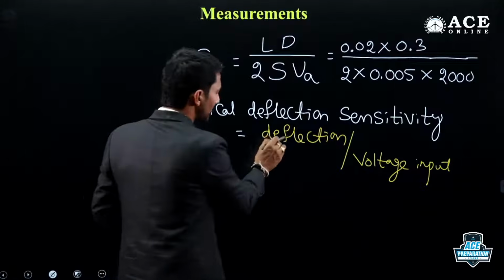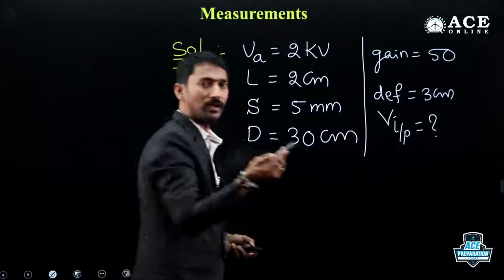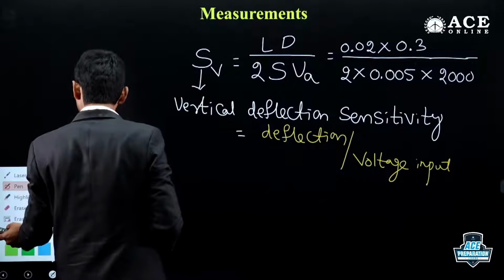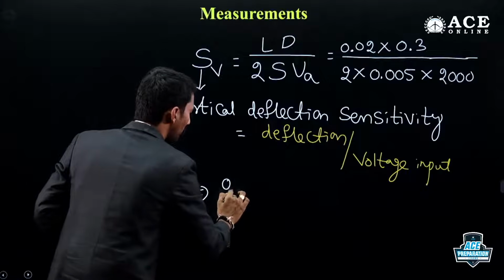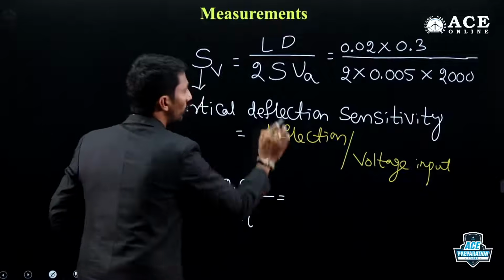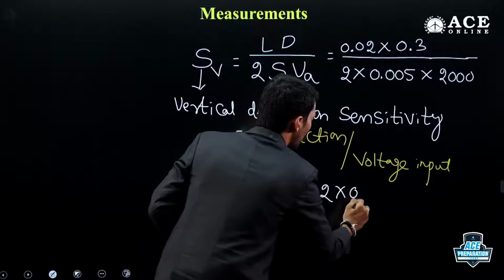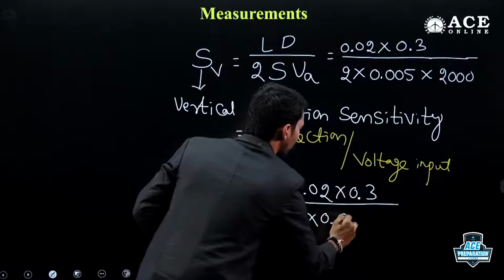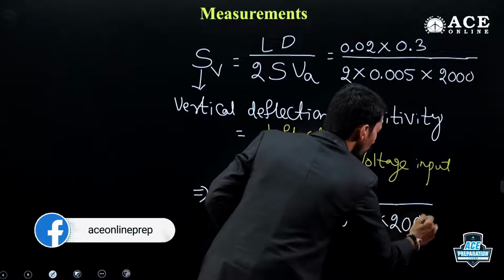Now, from this, how much deflection is he asking? 3 centimeter deflection he is asking. So in the place of S_V, what can we write? 3 centimeters means 0.03 divided by V_I is equal to the total value, 0.02 into 0.3 by 2 into 0.005 into 2000.